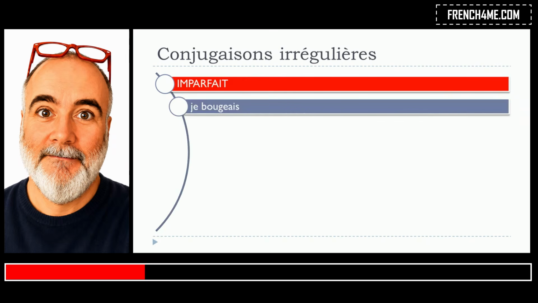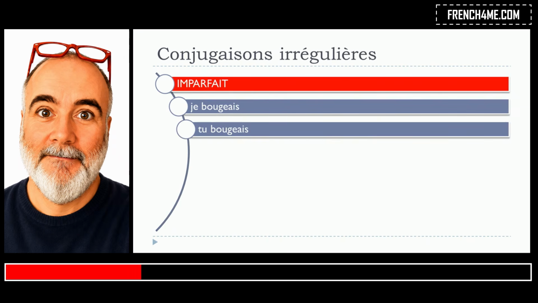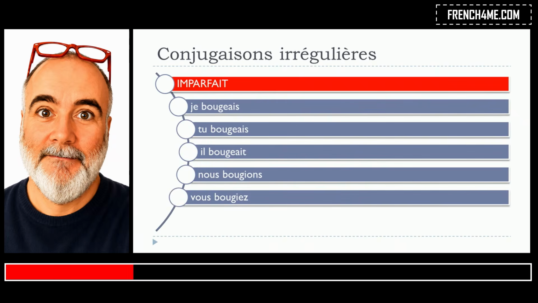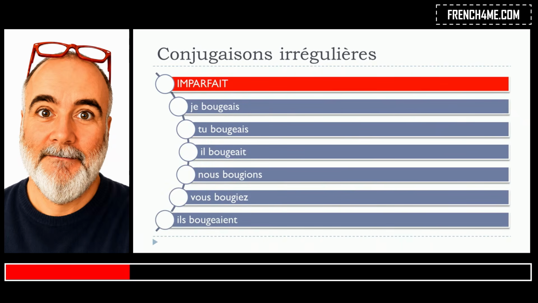And then imparfait, it will go like je bougeais, tu bougeais, il bougeait, nous bougions, vous bougiez, ils bougeaient. So if you look carefully, it's actually quite interesting, because nous and vous are not concerned by that, just because if you remember, when we combine G and I, we get the sound J, okay? So that's the reason why we don't need to add this E here, okay? But then it's here, it's here, it's here, and it's also here for the plural, okay?